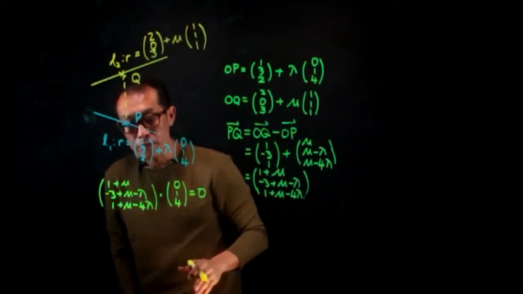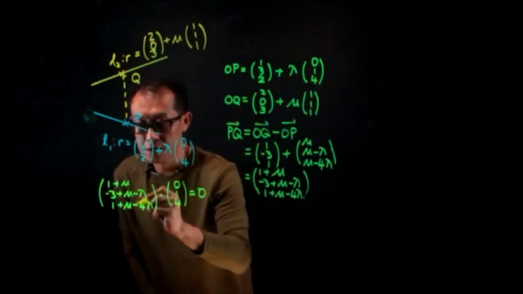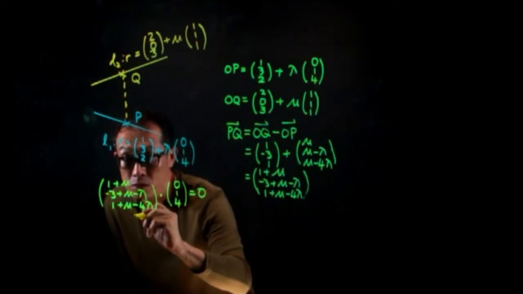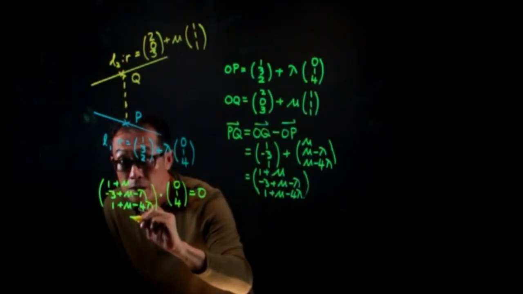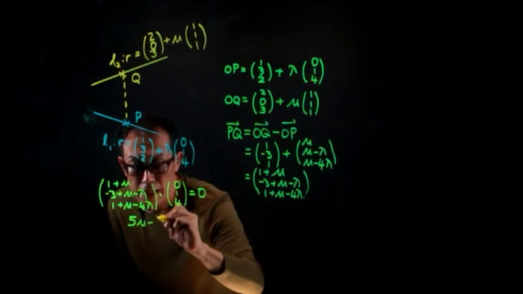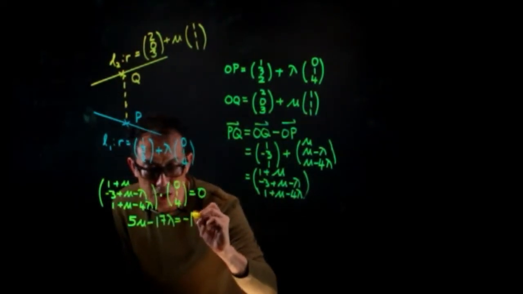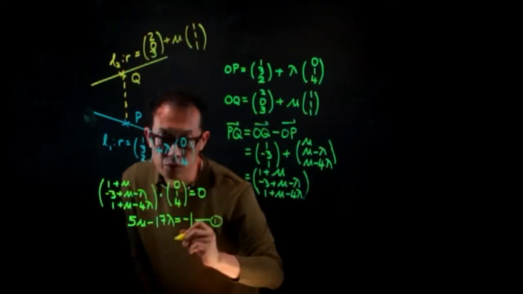Now you dot it and then you simplify the equation. You should come to 5 mu minus 17 lambda equals minus 1. I leave that to you.